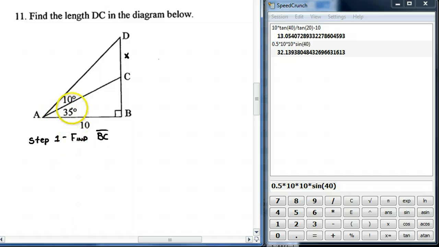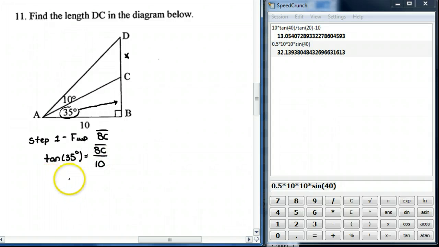So if we talk about length BC, we're going to use this angle here. BC is going to be the opposite relative to the angle 35 degrees, and we're given the adjacent. So if I have the opposite and the adjacent, I use tan. Therefore tan of 35 degrees is going to be length BC divided by 10.